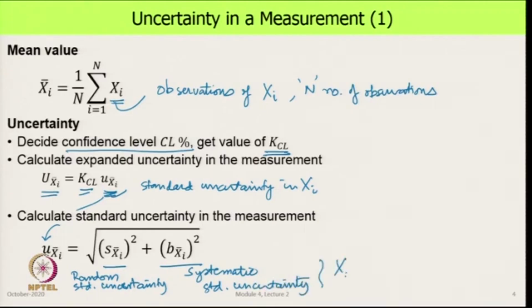Both of these are for x_i. Our job now: how do I get the values of S x_i bar and B x_i bar? That is a big challenge.